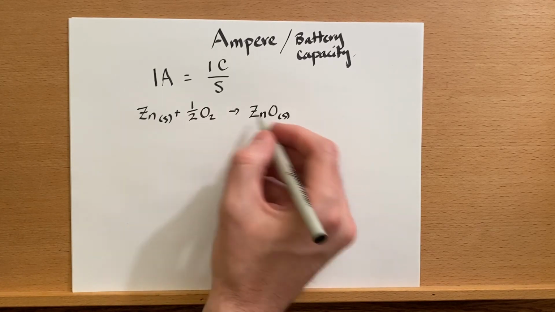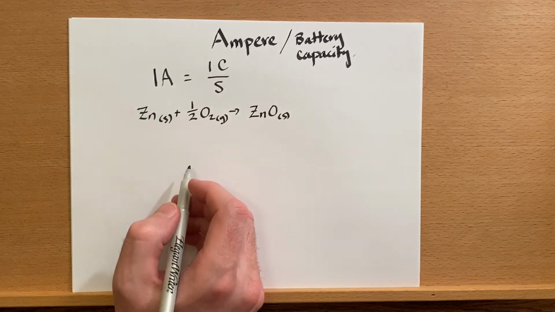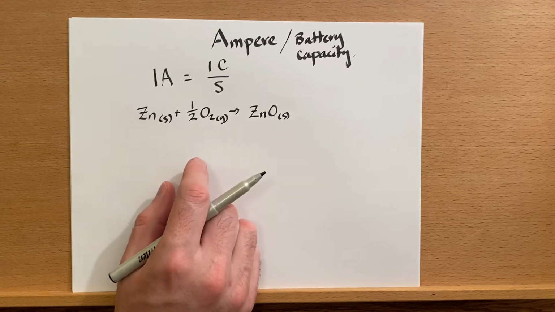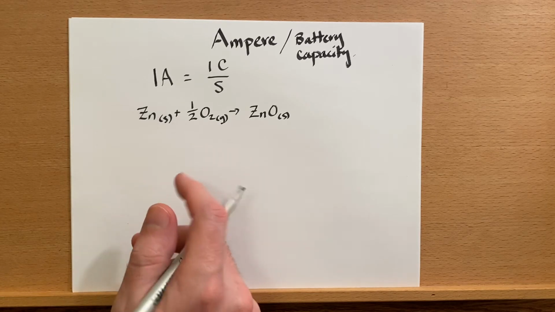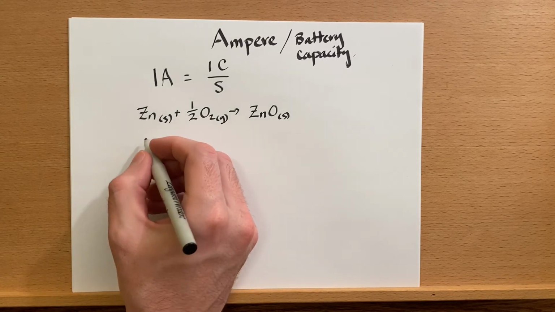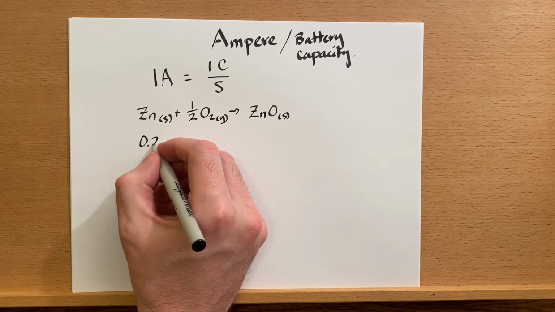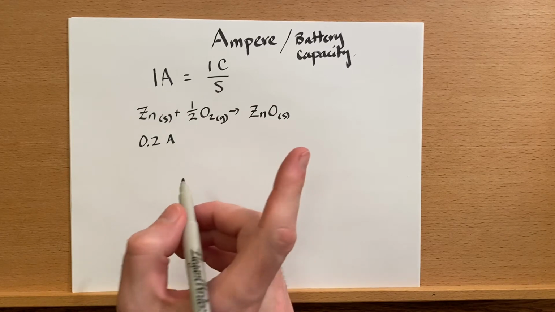This is a solid, and here's a gas. So this oxygen, generally when you're talking about the battery, comes from the air. And let's say that we're able to generate a current of 0.2 amps for 9 hours.